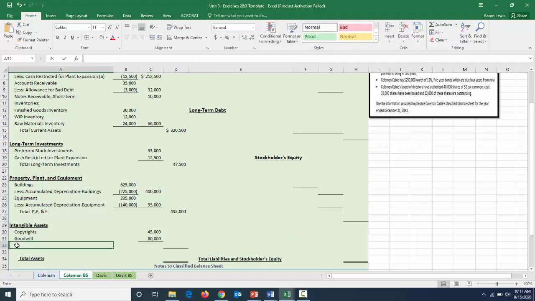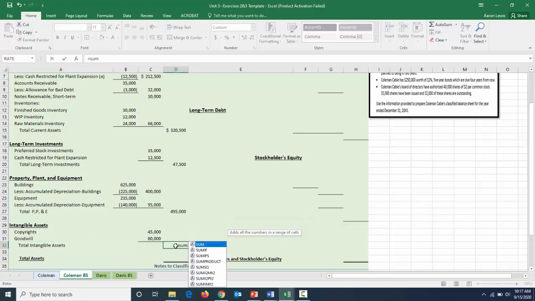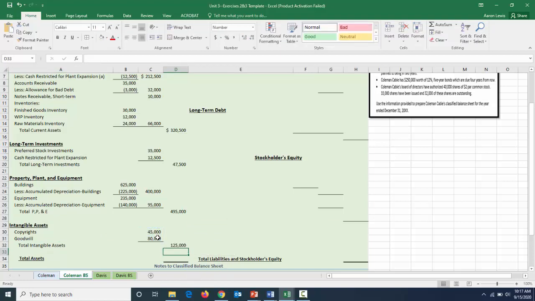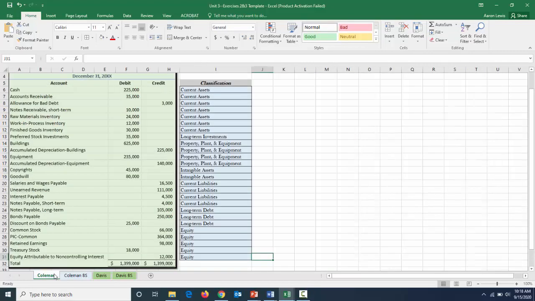And if we add those two together, we have total intangible assets equal to the sum of those two numbers, $125,000. So Coleman doesn't have anything that they want to disclose as an other asset, which means that's the end of our assets.